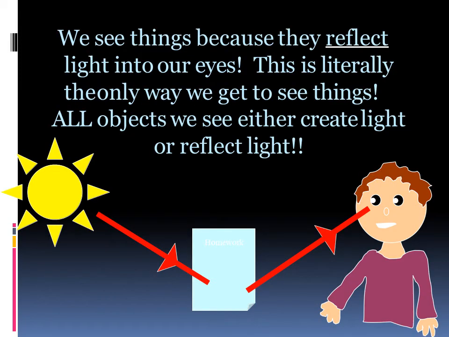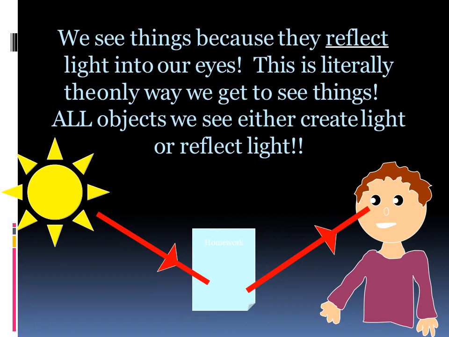So let's say we see things because they reflect light into our eyes. That was the third property. This is literally the only way we get to see things, otherwise we can't see the things. That's why it is said that in a dark room we can't see the things clearly.